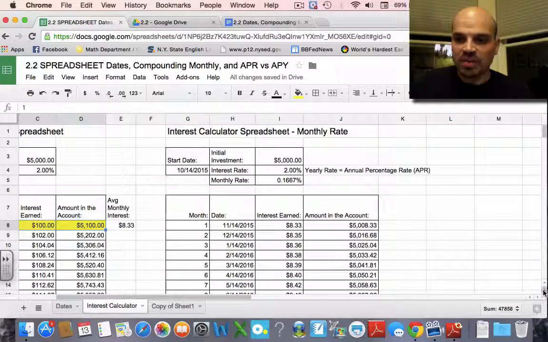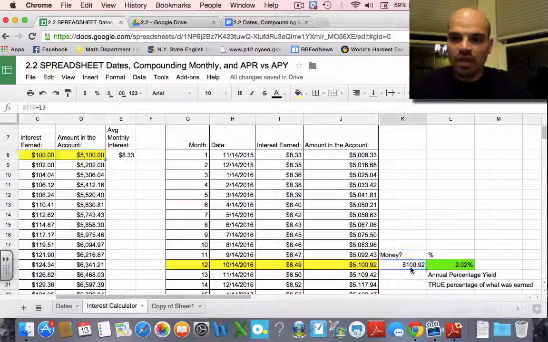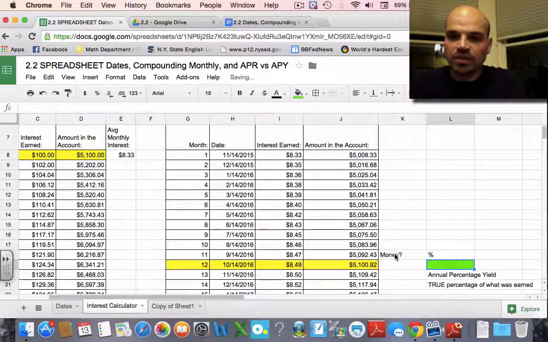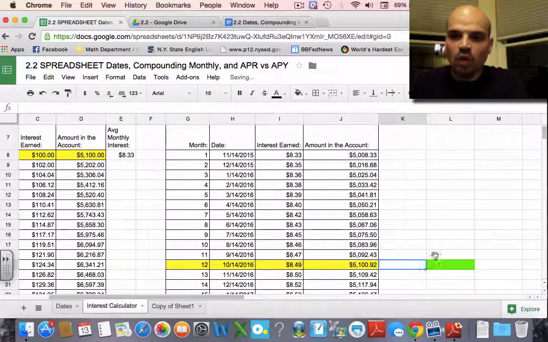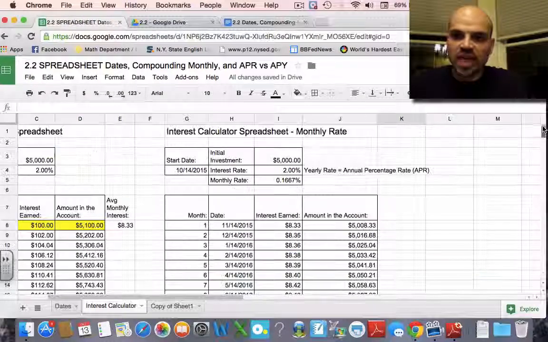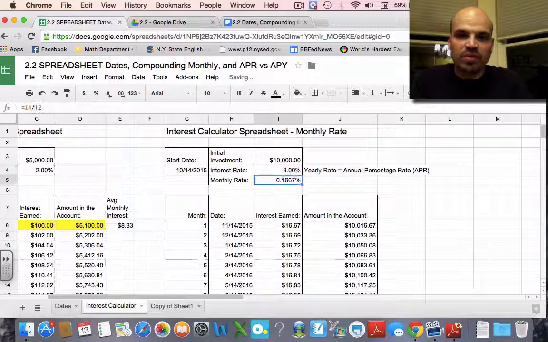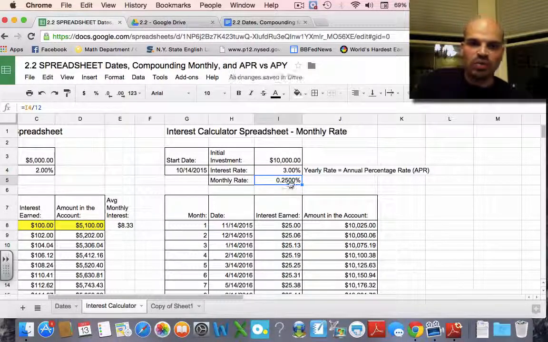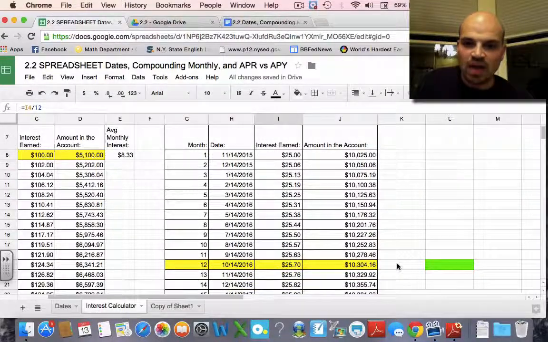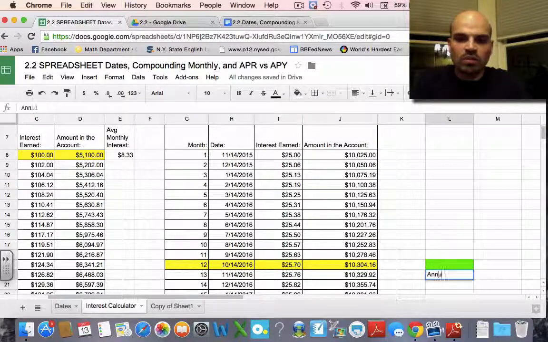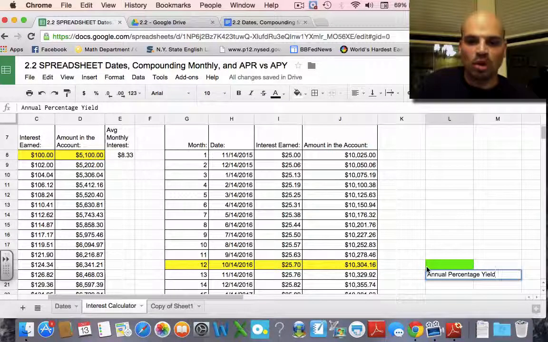You're going to start with an investment of $10,000 at a 3% yearly rate. You'll notice everything changes, and you're going to calculate the annual percentage yield. That's going to be one of the exercises to see if you understand this process. And then there are more questions after that.